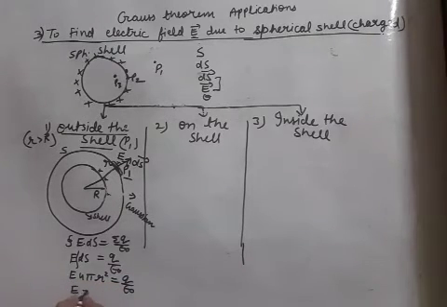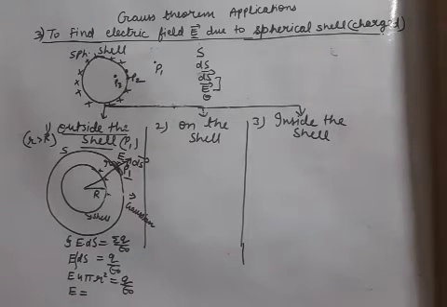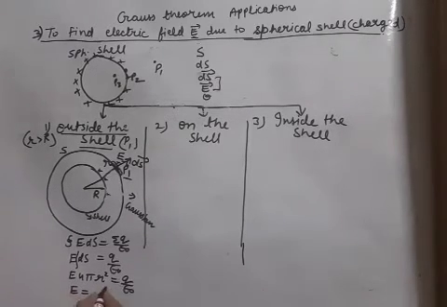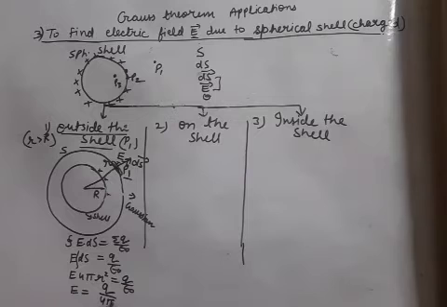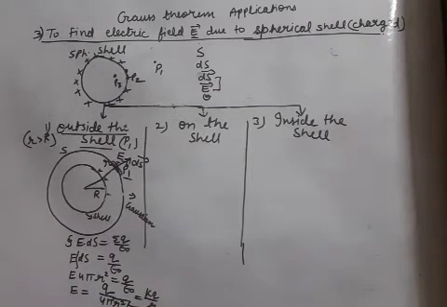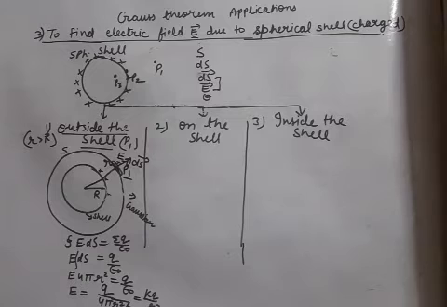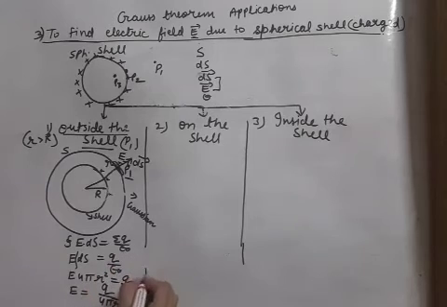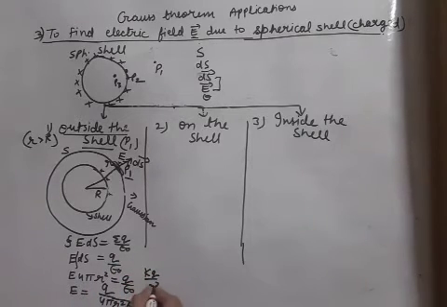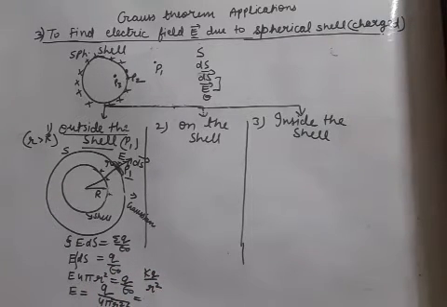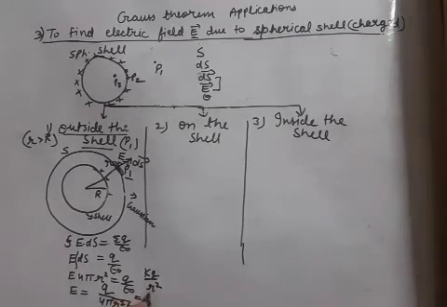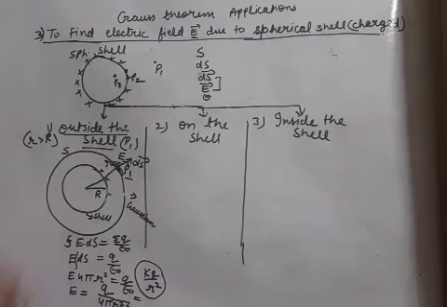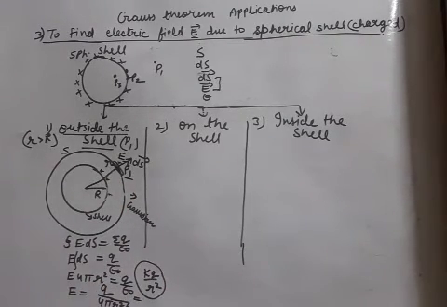So this way E answer will be obtained as q by 4 pi r square epsilon 0 or kq by r square. If it is not visible here, I'll write here kq by r square. Okay, so this is the answer for outside the shell electric field.